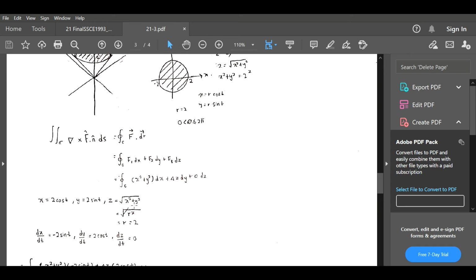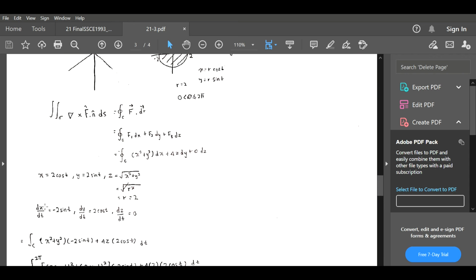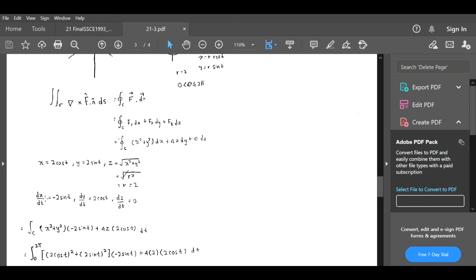Again, it will become r squared. If you cancel this one, you get r equals 2. And we differentiate it, and we get negative 2 sin t for dx dt, dy dt is 2 cos t, and dz dt you get 0.